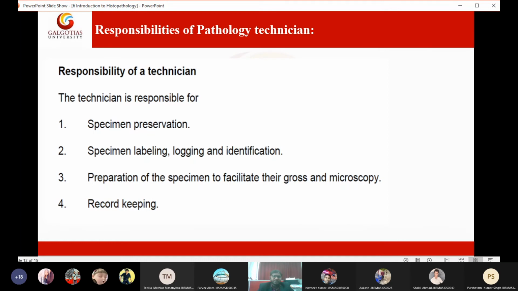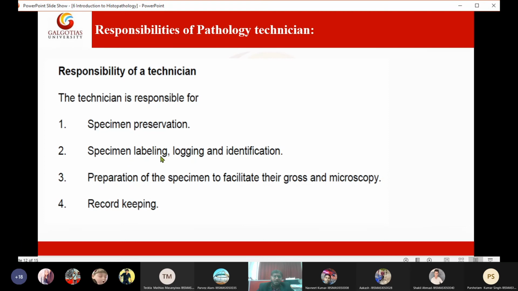Next, specimen labeling, logging, and identification. Proper coding is required. For example, if you take one specimen like a liver biopsy, whichever site you take it from, that specimen needs labeling.